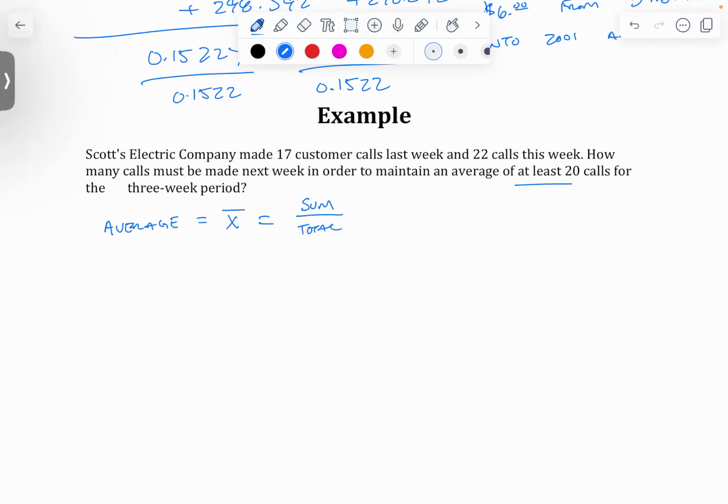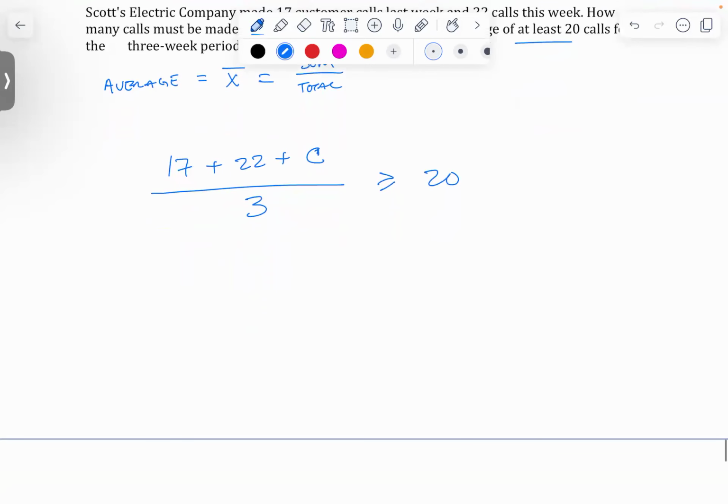In this case, I have 17 calls last week, 22 calls this week, some number of calls next week. Let's call that C, divided by a 3-week period. And then if we have at least 20 calls, that means that number is at least 20. Again, setting up is the big part.